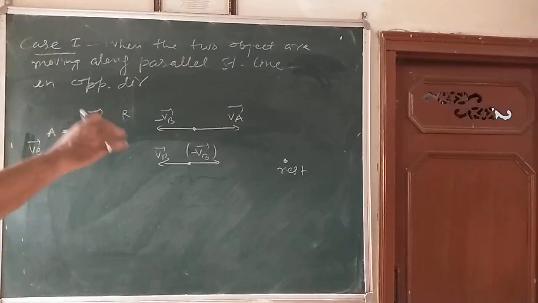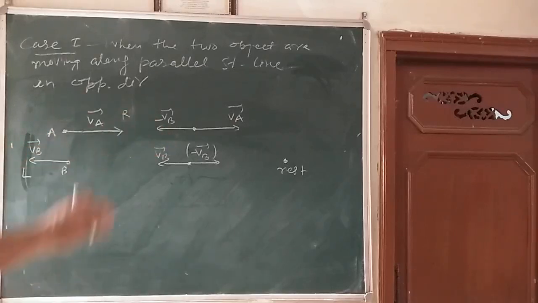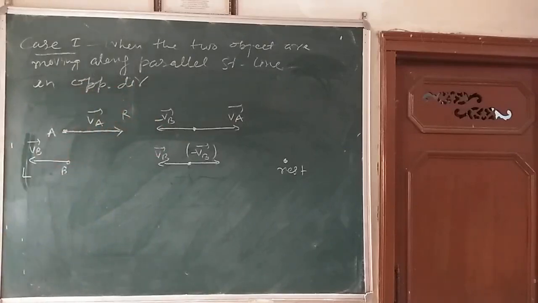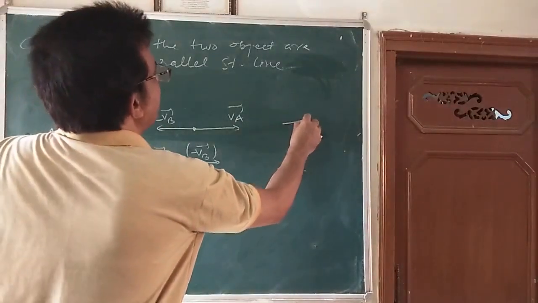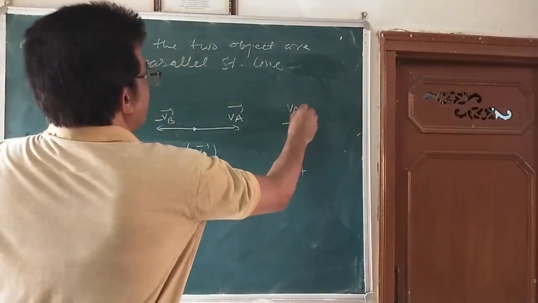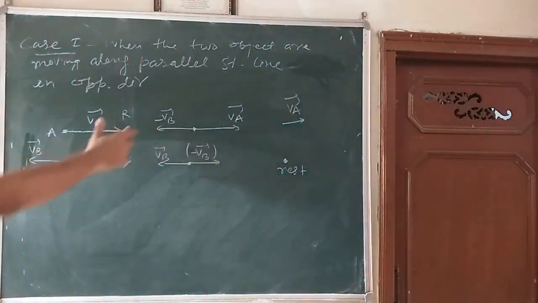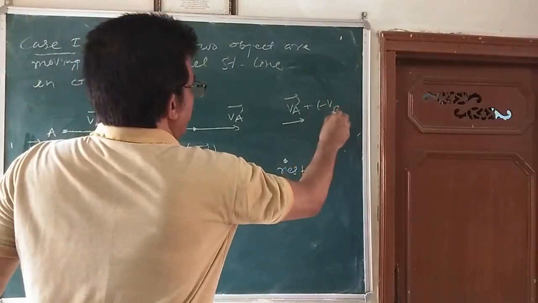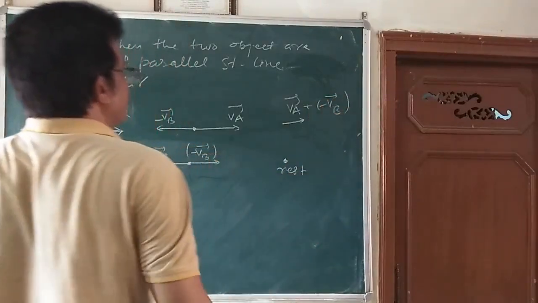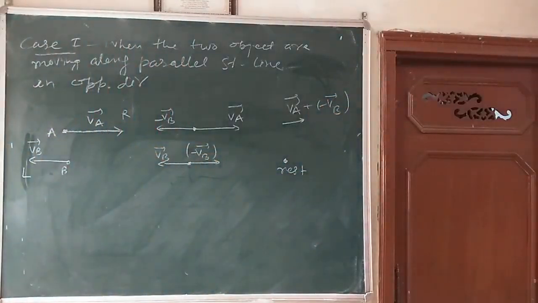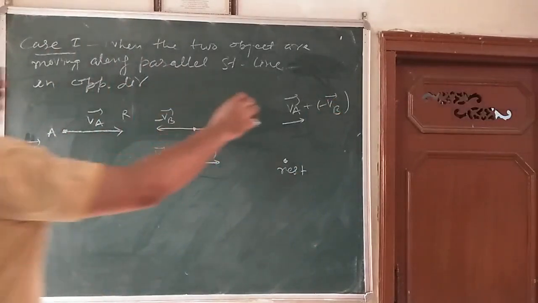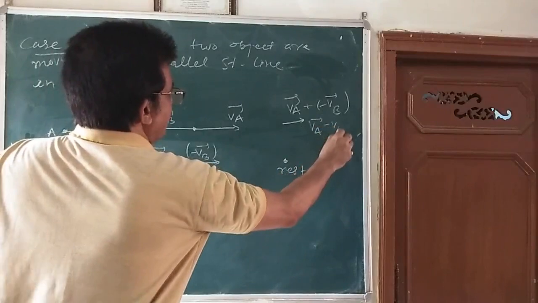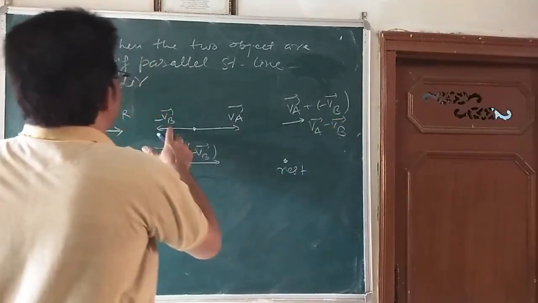The object B is brought to rest. So the velocity of the object A becomes, we can say like this, VA, and its direction is opposite, plus minus of VB. Now, it is the vector VA minus VB, but it is due to the direction only.